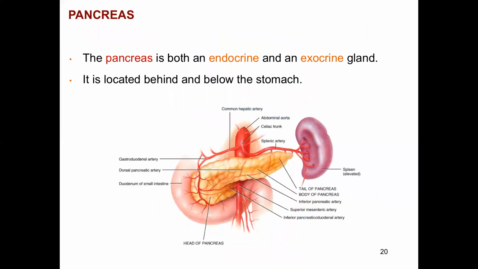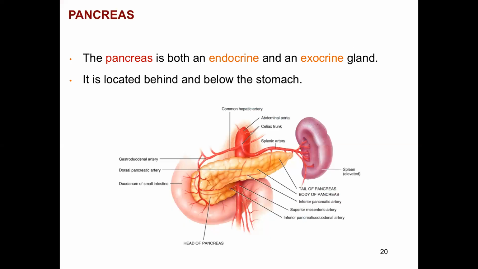Pancreas, like I said earlier, has endocrine and exocrine functions. As an endocrine gland, which we're focusing on right now, it releases a few very important hormones directly into the blood. It's interesting that most of the gland is actually exocrine, all right?